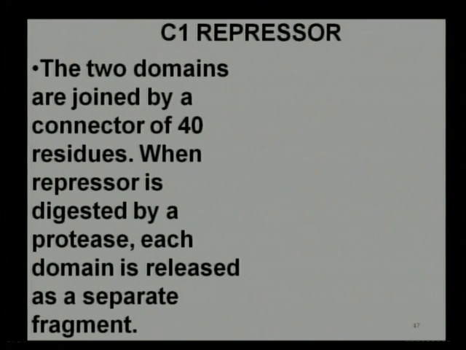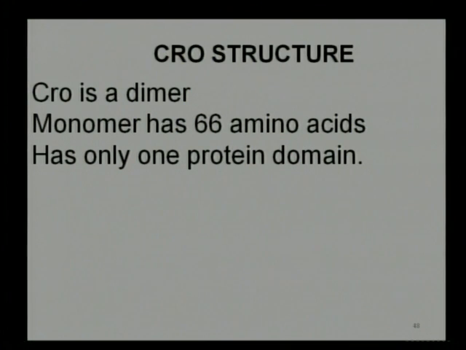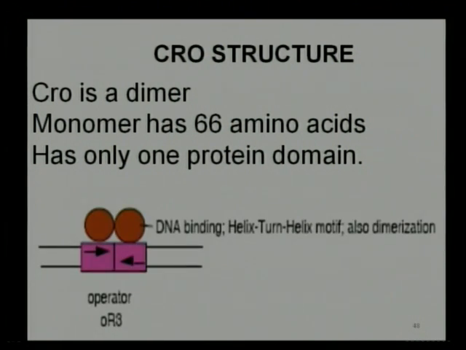So when this repressor is digested by a protease, each domain is released as a separate fragment, that is the C and the N. Now the second important molecule of this whole story is the CRO. The CRO is a dimer, with each monomer having 66 amino acids that are linked. This is the structure of the CRO.